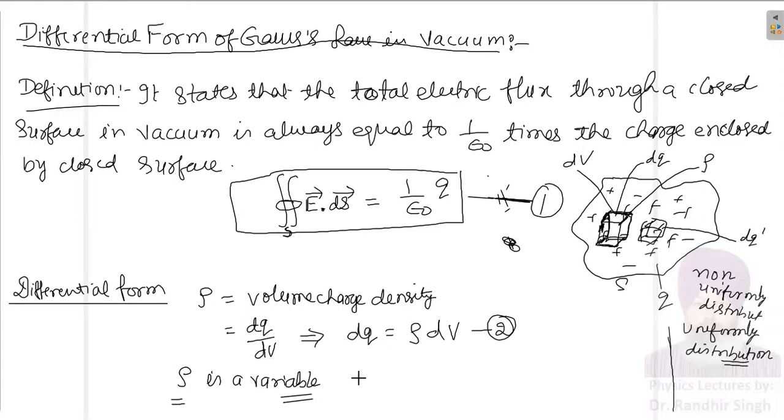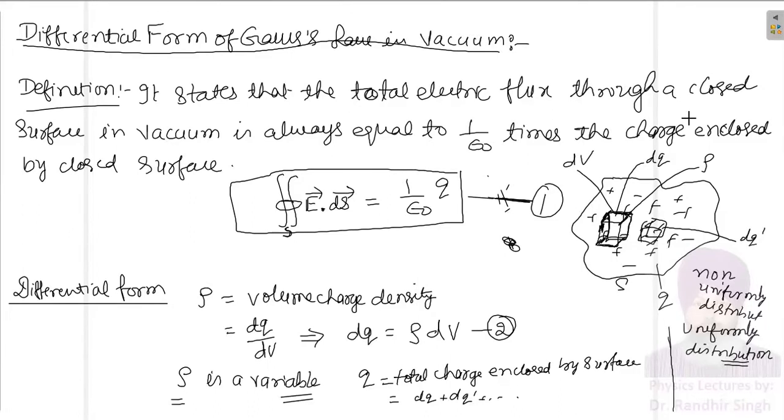So if I want to find the total charge in the surface, let q be the total charge enclosed by the surface. Then it should be equal to the sum of all such charges.